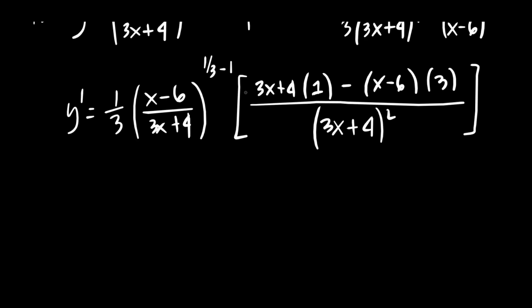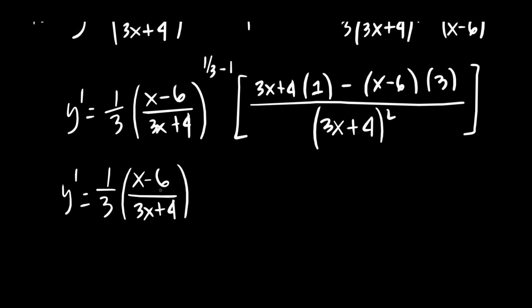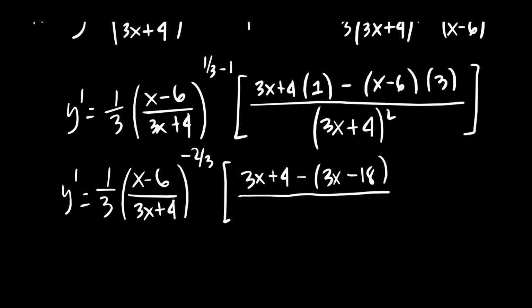So after this, y prime is equal to 1/3 multiplied by (x minus 6) all over (3x plus 4), and 1/3 minus 1 is just equal to negative 2/3, right? So negative 2/3 multiplied by, distributing, 3x plus 4 minus 3x minus 18, all over (3x plus 4) squared.